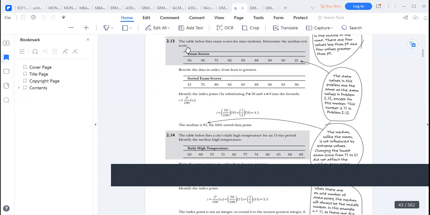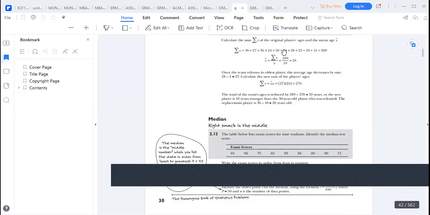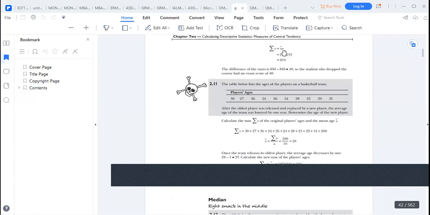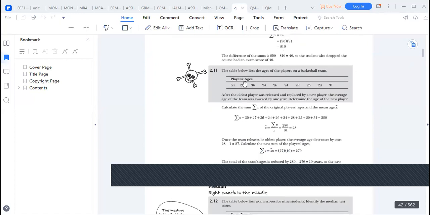For instance, you're given a table that has the following samples. We have the ages of players from 30 to 31. So in this context, we don't need to rearrange them.